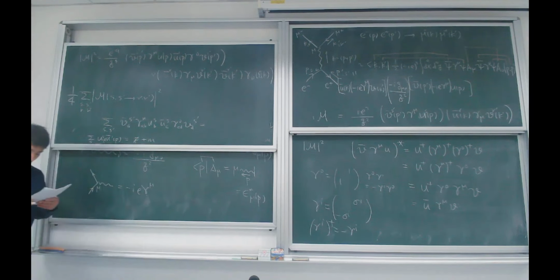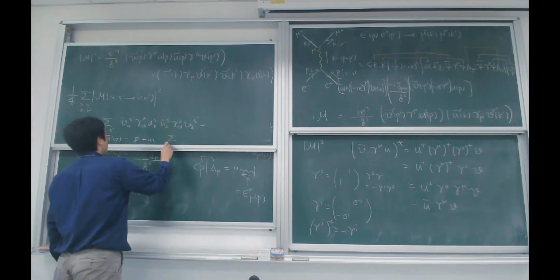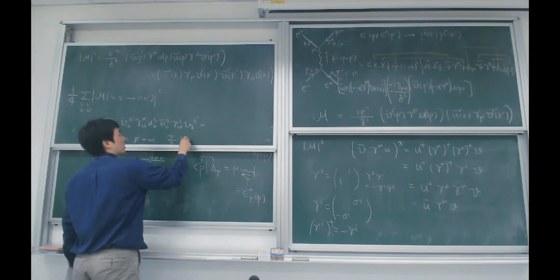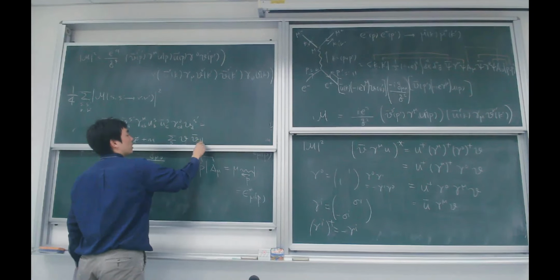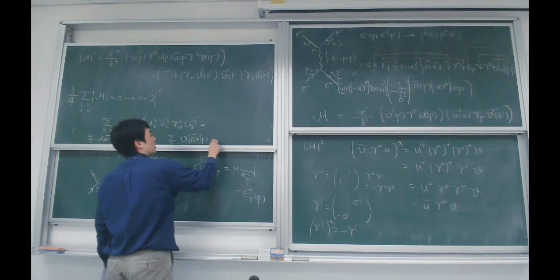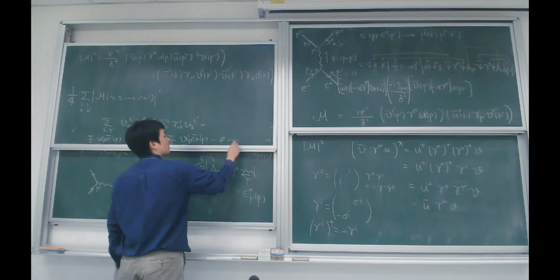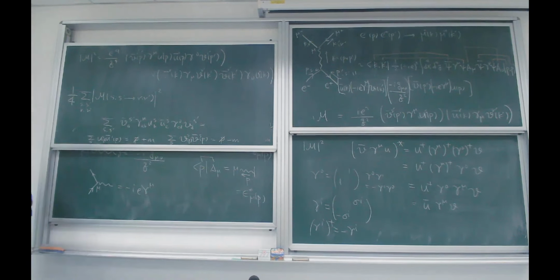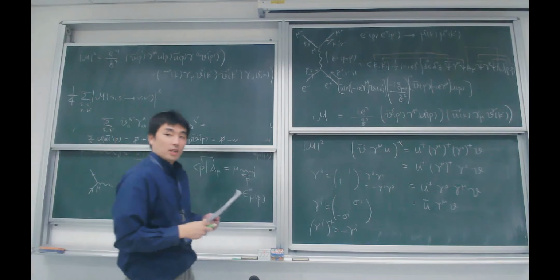Is it plus m or minus m? I forgot. I think minus. No, plus m. And then the sum over spins of v and v bar gives p slash minus m. That we already know, so that you have already derived in homework.